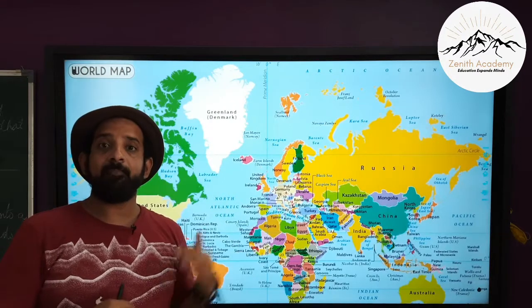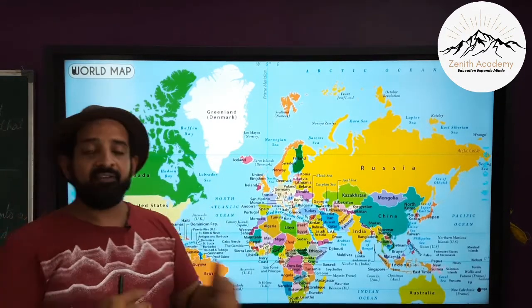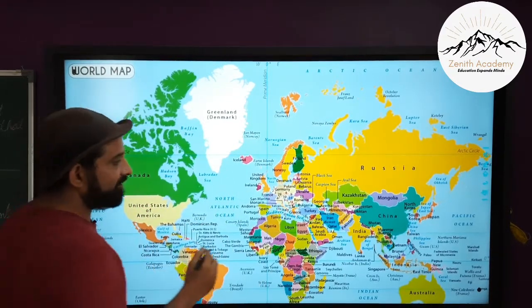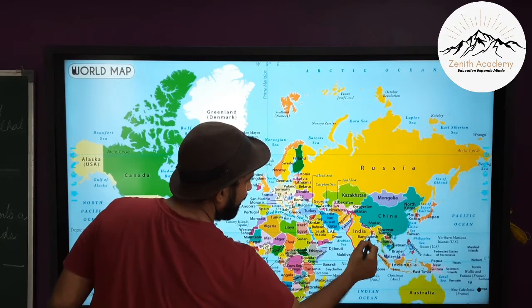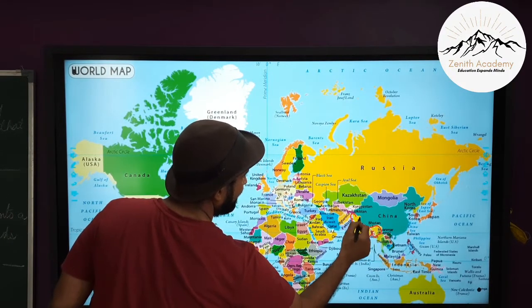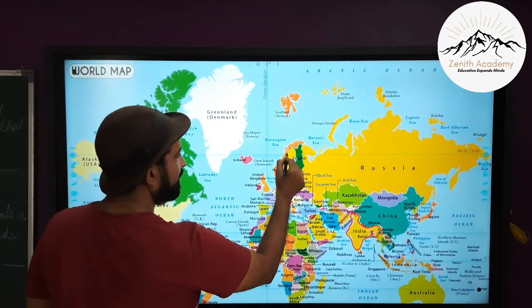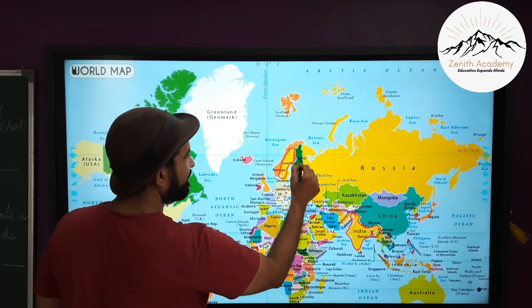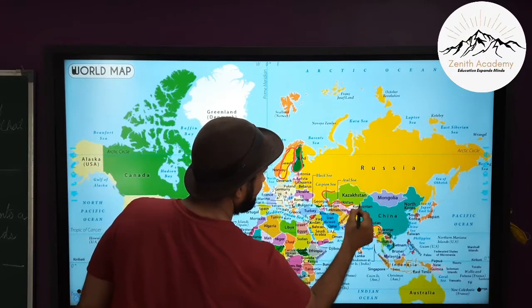Here I have taken the map of the entire world. Different countries with different borders are very clearly shown here. Let's go back to India again, our own country. It is very clearly shown where India is and how borders are marked. We go to Sweden, we go to Finland, we go to, let's say, Kazakhstan.